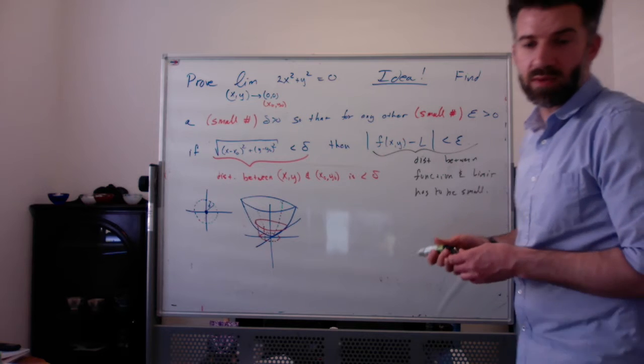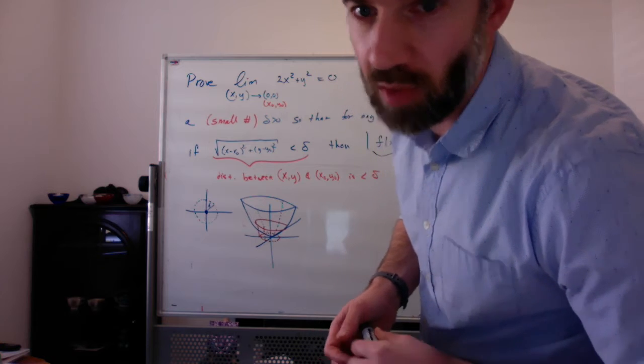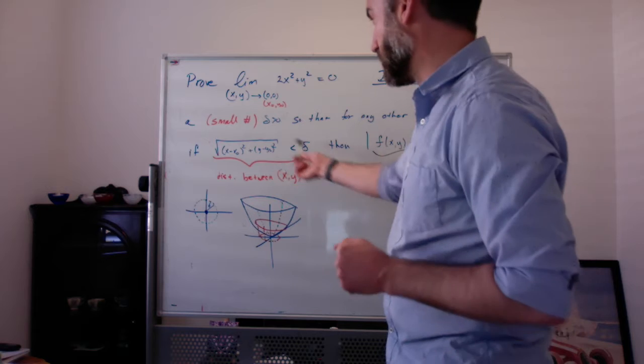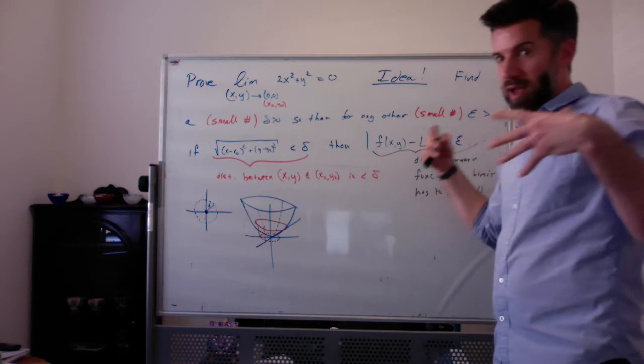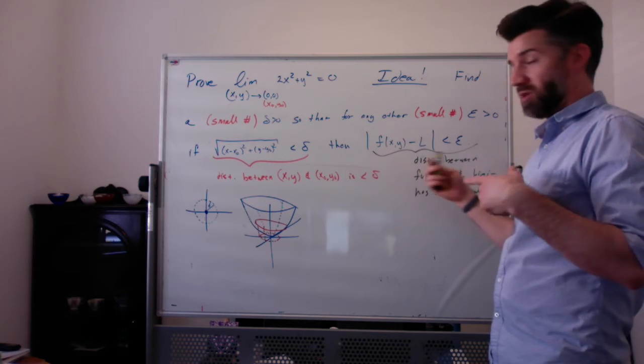This is just saying z is close to L. This is just saying (x, y) is close to (x naught, y naught). So as our (x, y) get closer and closer to what they're approaching, the function values get closer and closer to the limit.